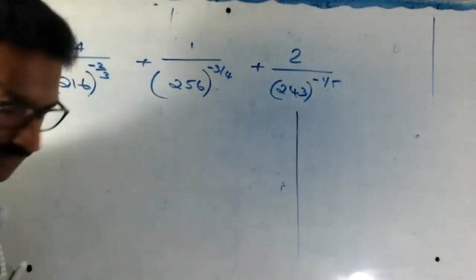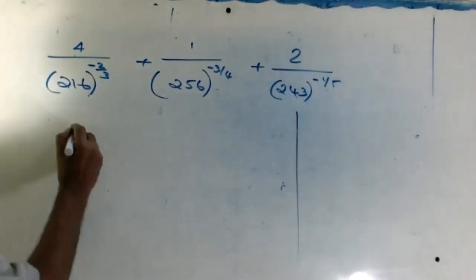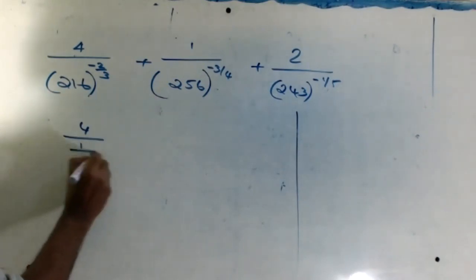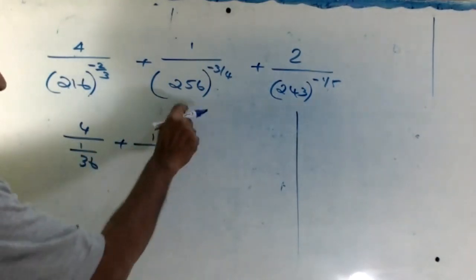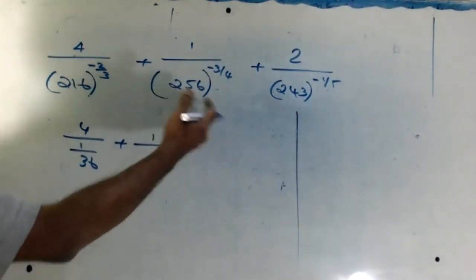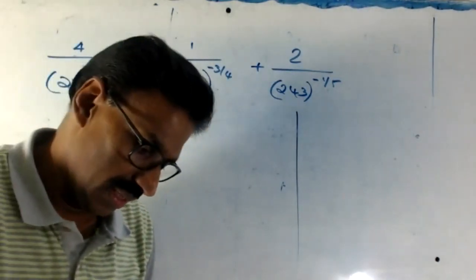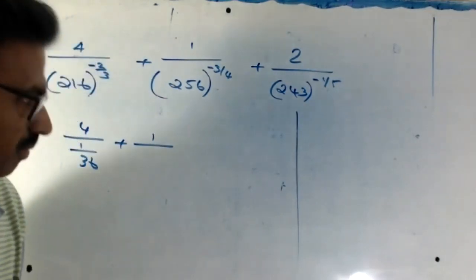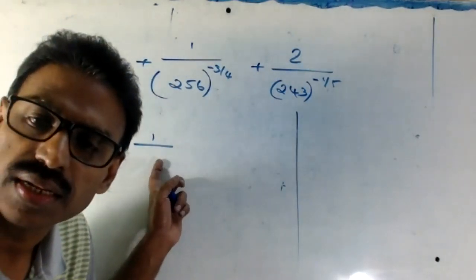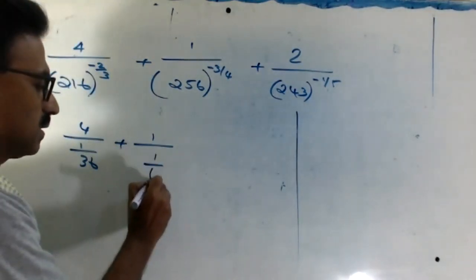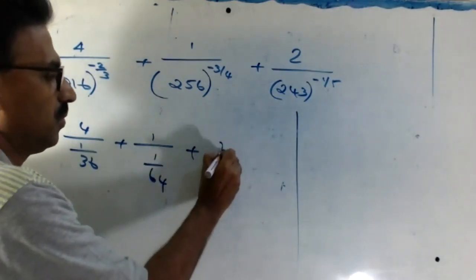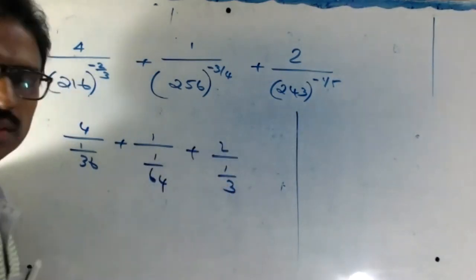Look here. We figured out 4 divided by 1 by 36, right? Plus 1 divided by 1 by 64, plus 2 divided by 1 by 3.